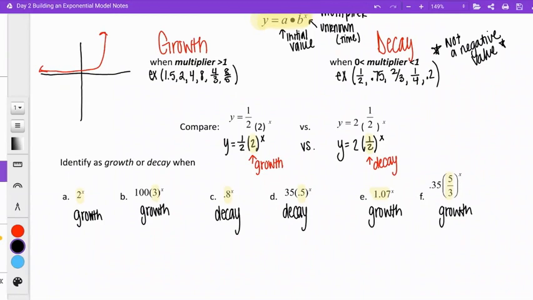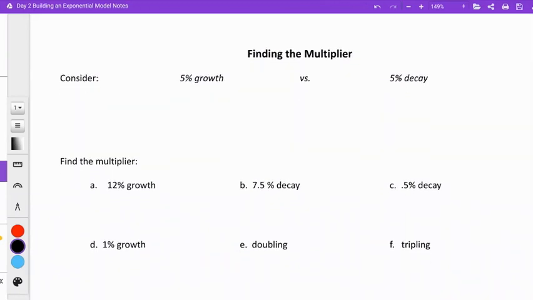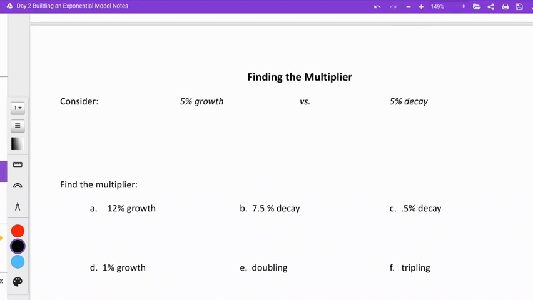Hopefully we are feeling good about this so far. So now, how do you find the multiplier, right? How do you know what that actual rate is that it's being multiplied by or changing exponentially, if we're just talking about percents, right? So let's take a look right here.